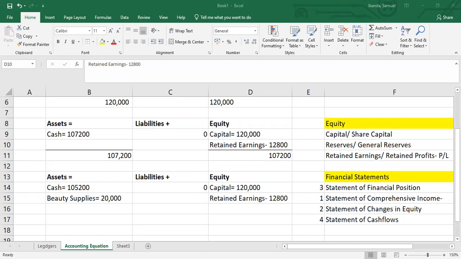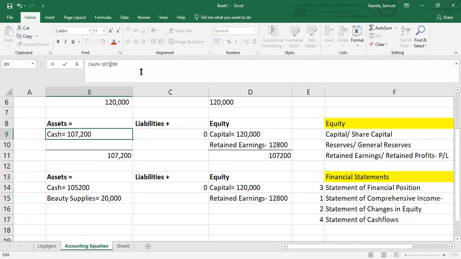So when it comes to our, excuse me, Sam, yes. When I look at my chart and the beauty supplies, when I subtract the two, I'm supposed to be remaining with cash of 87,200. Okay. Yeah, this is 107.